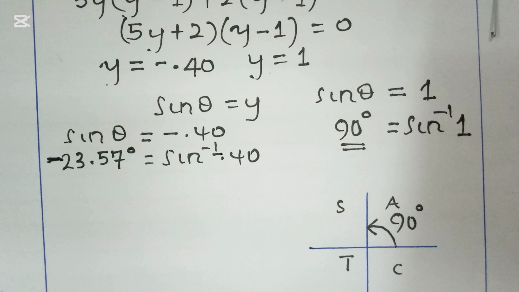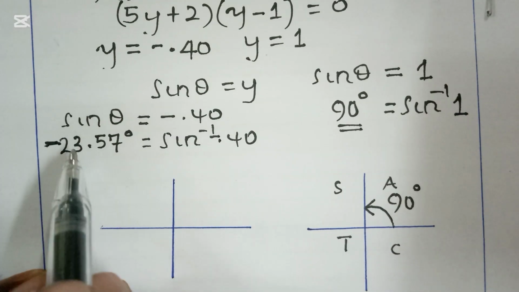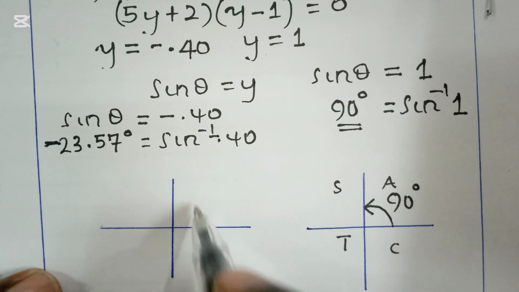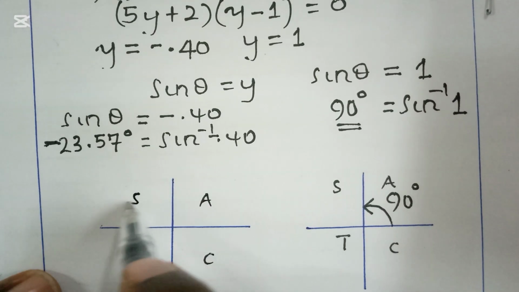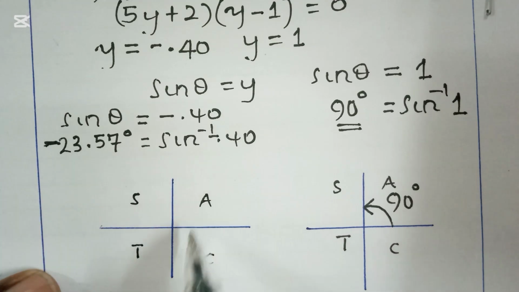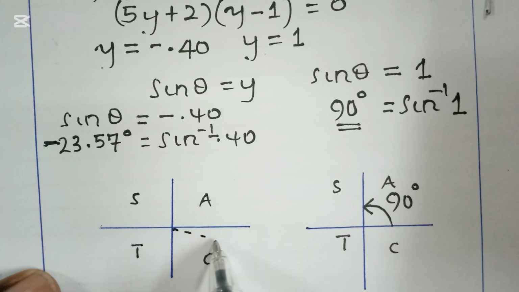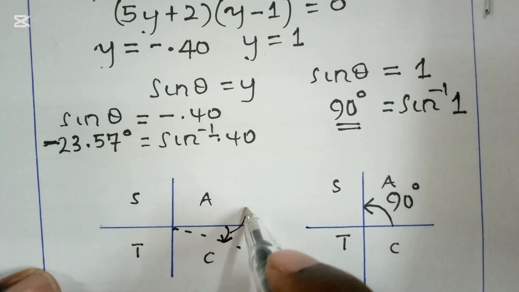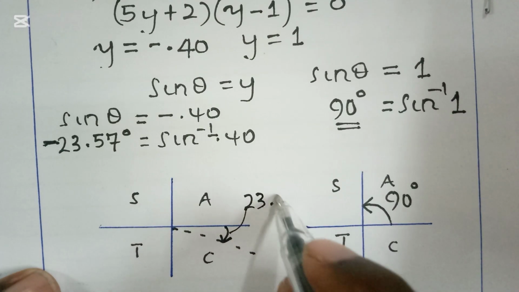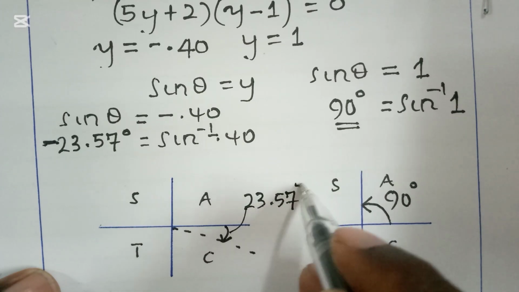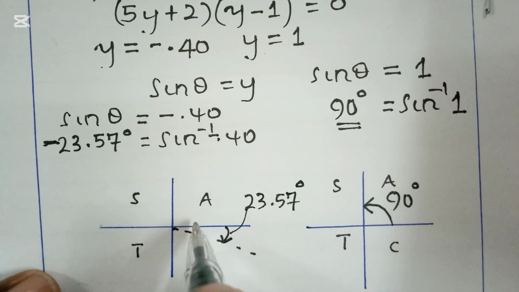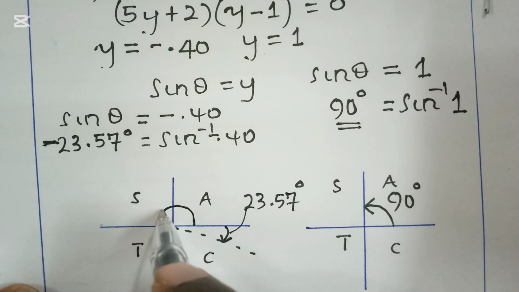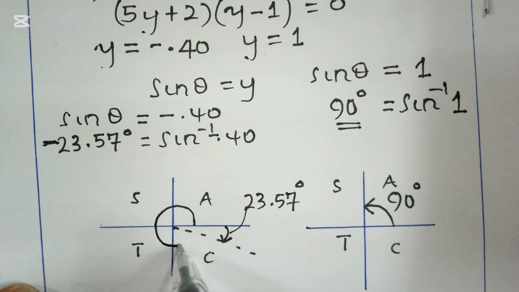So, guys, now we draw this angle on this. First we can say that this is what we have, and when we draw this, it will move through this point, where this is now going to be 23.57. The angle we are looking for is the angle that comes from this point, at 0, and runs all the way clockwise up to that point.